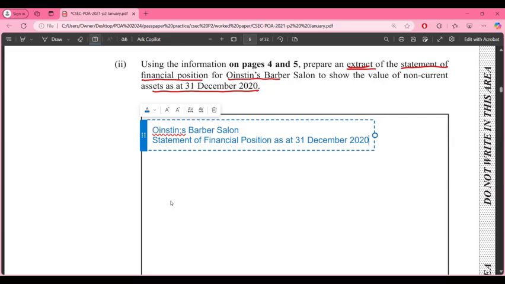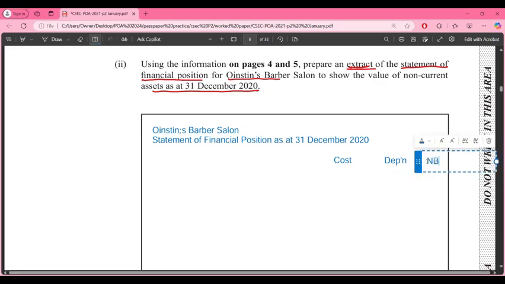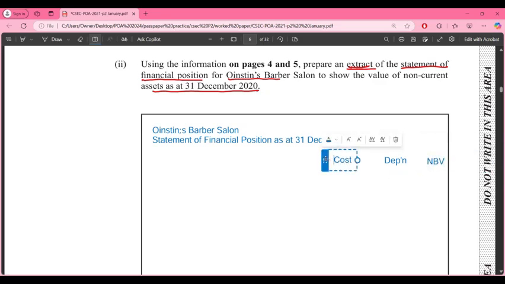This is what your statement of financial position would be, and they said an extract, so you'll have to identify that also when you're writing your headings.